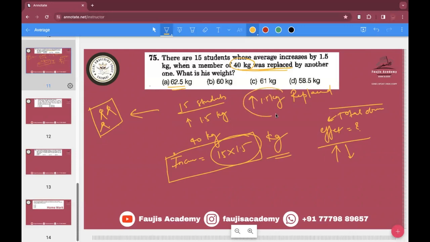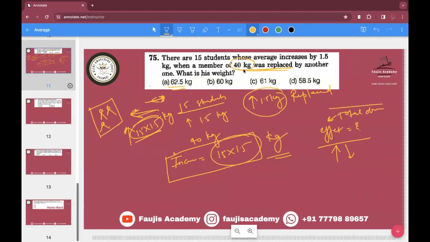That means the difference between the person who went out and the person who came in is 15 into 1.5. The new person is this much heavier than the one who left.